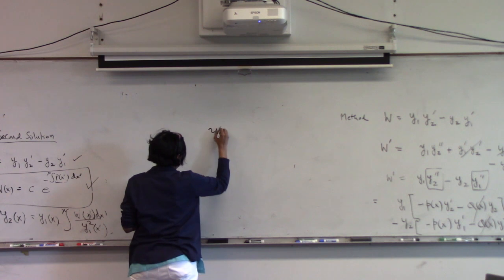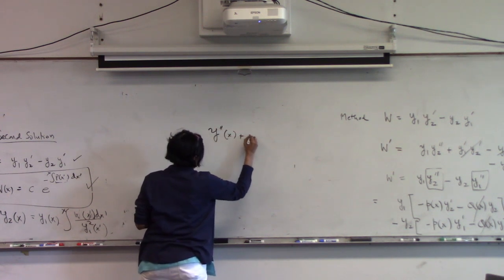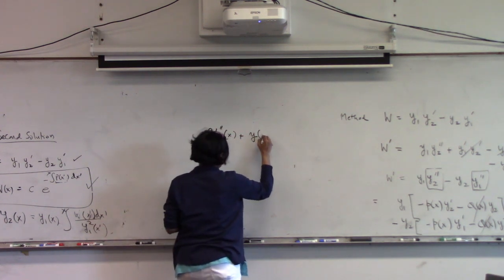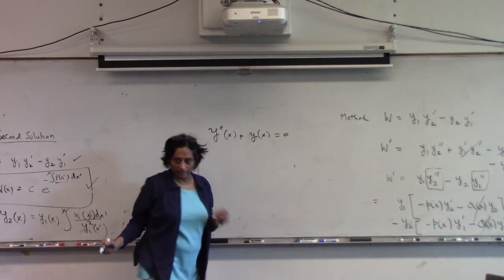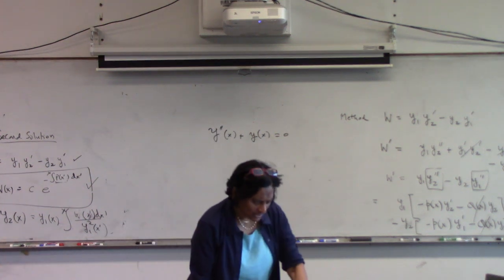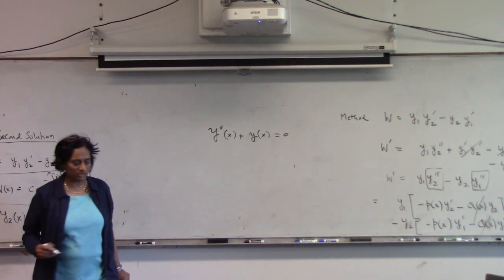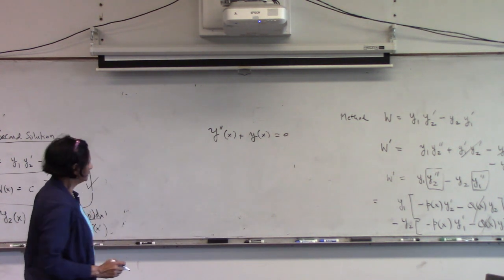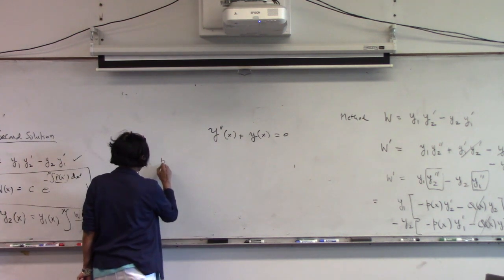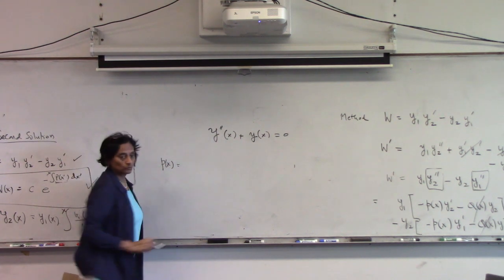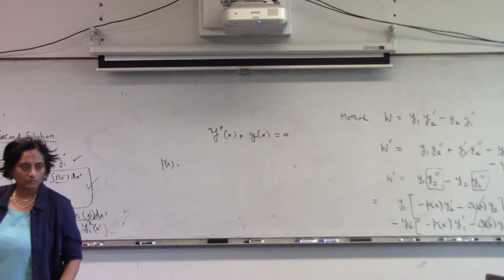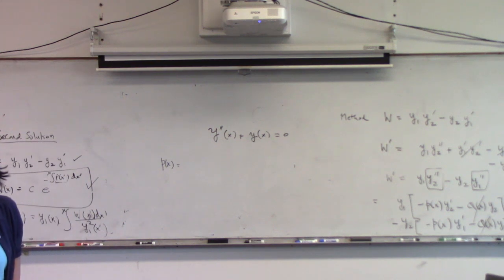So this is my harmonic oscillator differential equation. What is P of x here and Q of x here? Because I need P of x, right?